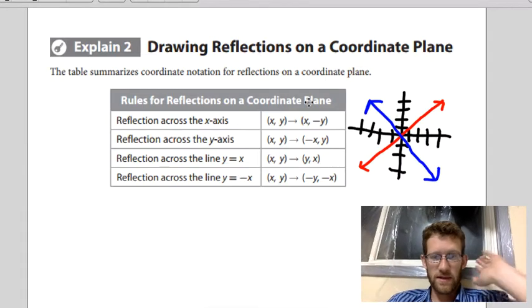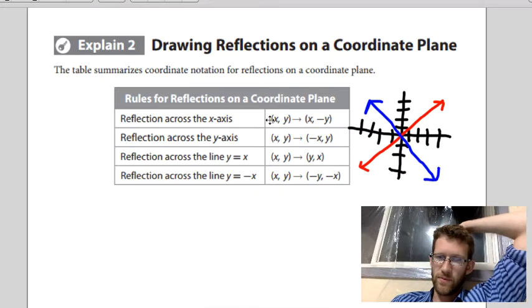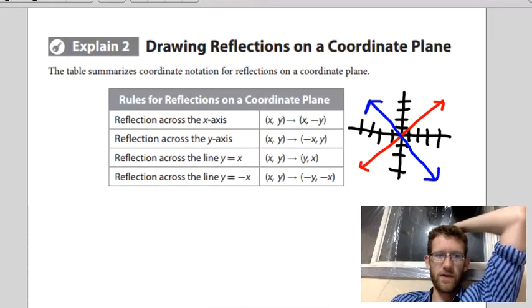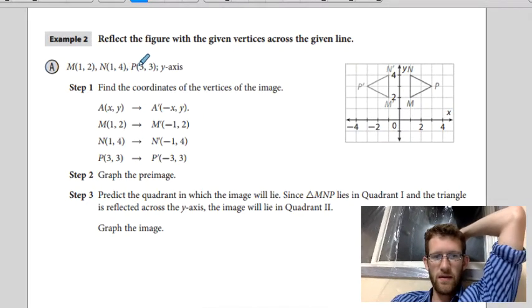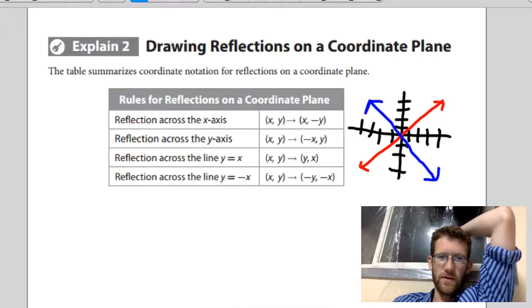The cool thing about these is they give us the coordinate notation rules. So all we need to do is simply know the points, and then we can plug them in just like we would for any other transformation. We'll do some examples. This one here, we have points M, N, and P, and then it tells us to reflect it over the y-axis. So when they say that, you can refer back to this chart.